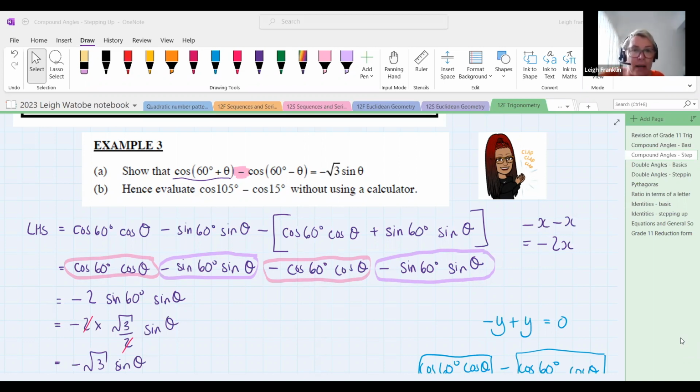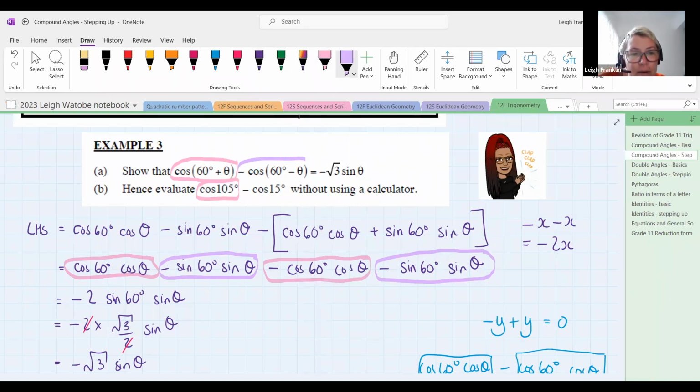So bear in mind, okay, I'm just going to rub that out, that what they are implying is that the first term here and the first term here are connected, and that the second term here and the second term here are also connected in a special way. That's what they mean when they say hence evaluate.